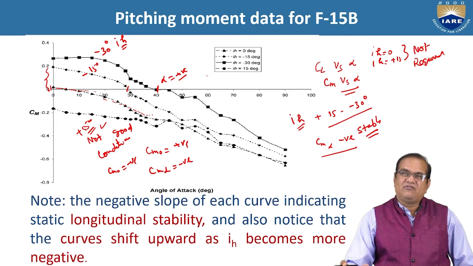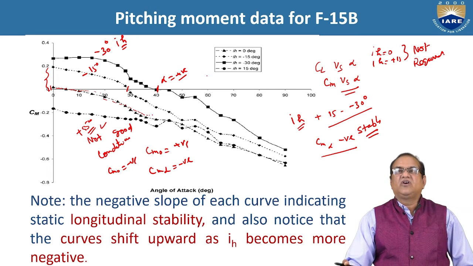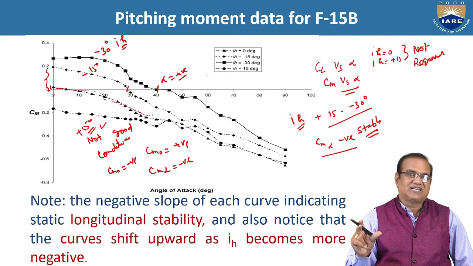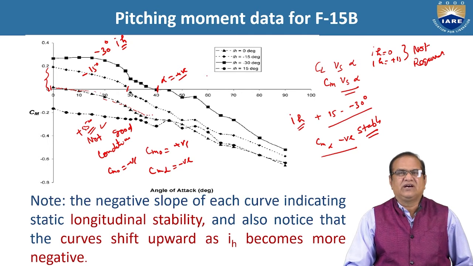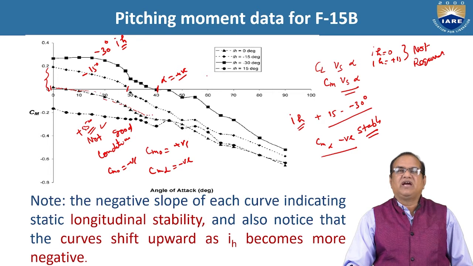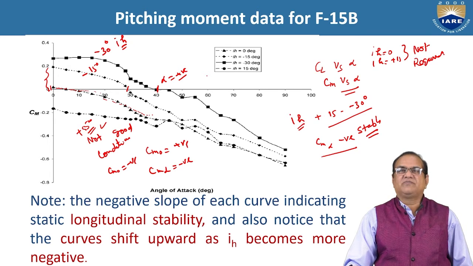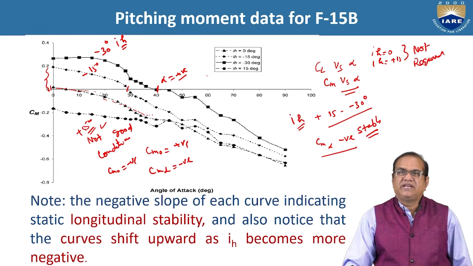So to have the aircraft static stability, especially the longitudinal static stability, we should fix our horizontal tail in the negative direction. Mostly 15 degree will be sufficient, but it should not increase more than 30 degree. So between 15 to 30 degree if you put, it will give a better result, better Cm naught, and alpha trim also will be in the positive direction, so that it is useful for our need.